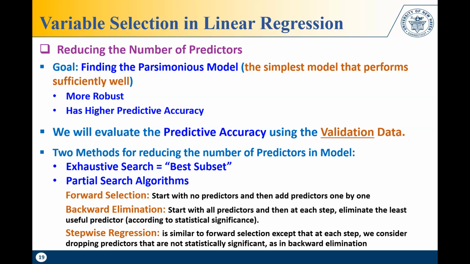For backward elimination, we start with all predictors and then at each step, eliminate the least useful predictors according to statistical significance. Stepwise regression is similar to forward selection, except that at each step, we consider dropping predictors that are not statistically significant, as in backward elimination.